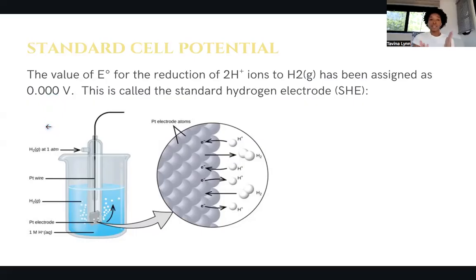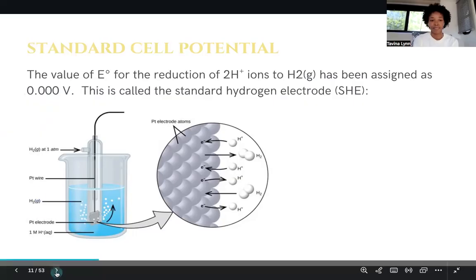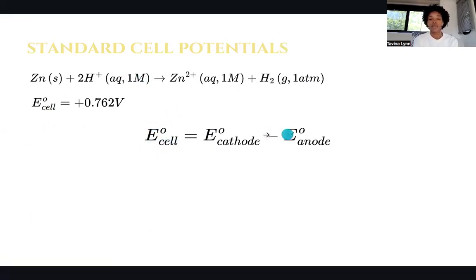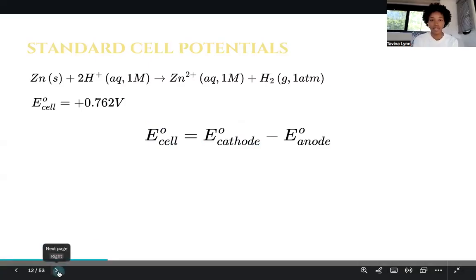So this is one of our half cells, and we can couple it to any other oxidation reaction, and this is how we are able to get the standard cell potential for the overall reaction. Just like cell potential, our standard cell potential is calculated in the same way. We just have E naught, which indicates that this is happening under standard conditions.